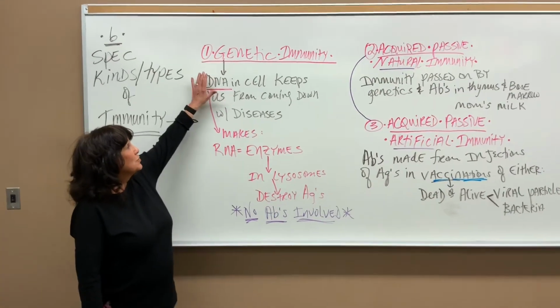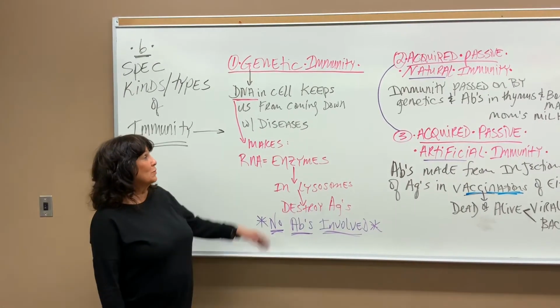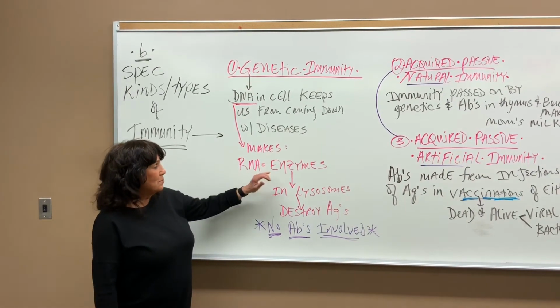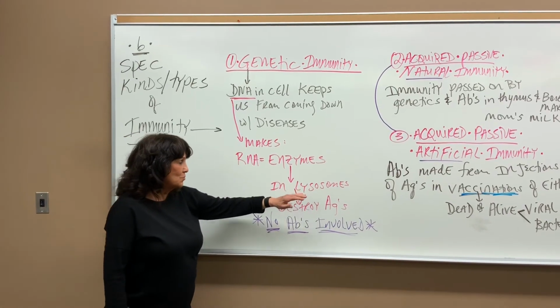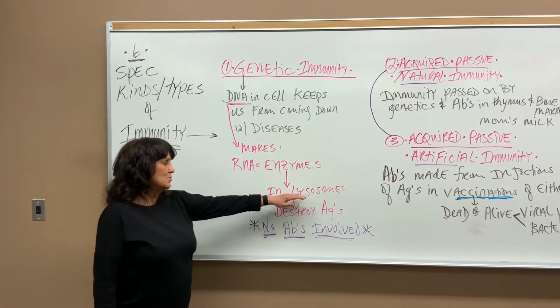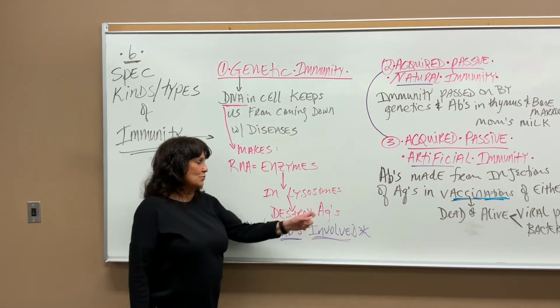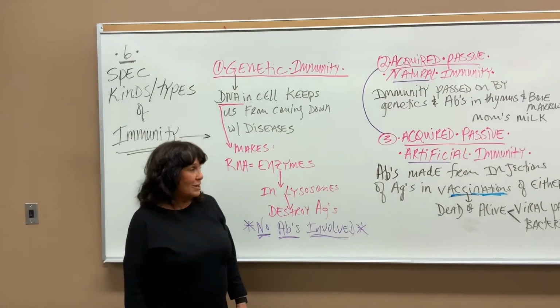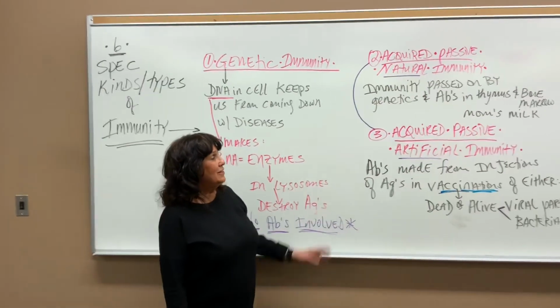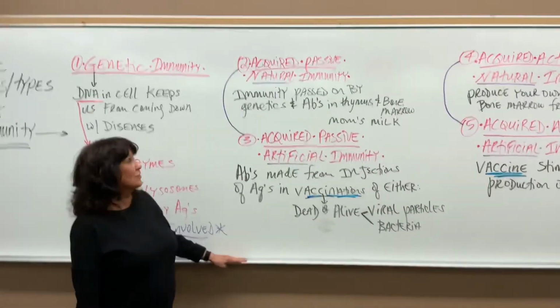You just have supreme genetic immunity. So it goes from the DNA, the RNA makes enzymes, goes to the lysosomes, and when anything foreign comes into that cell, those lysosomes release the enzymes and destroy the antigens and you do not get sick, right?